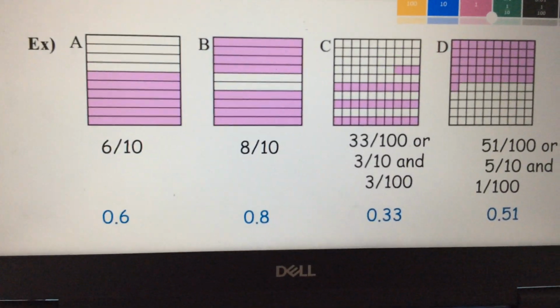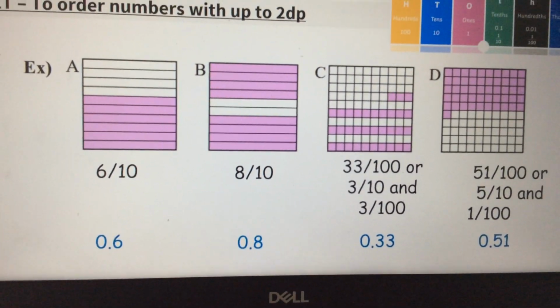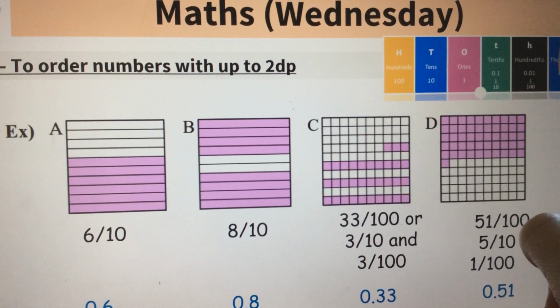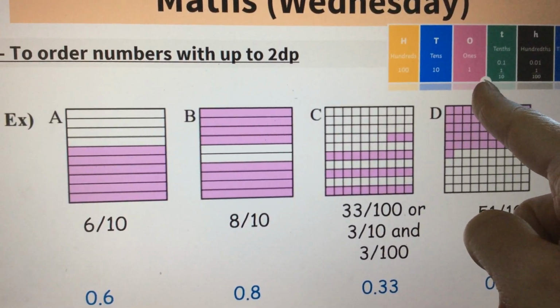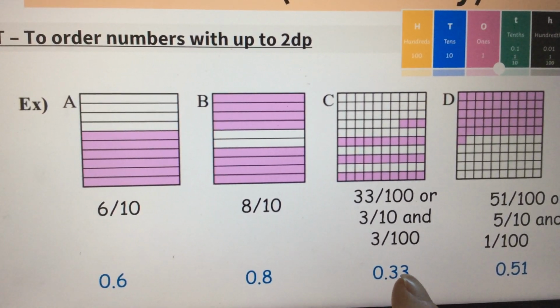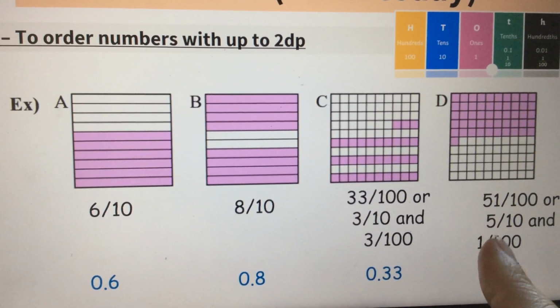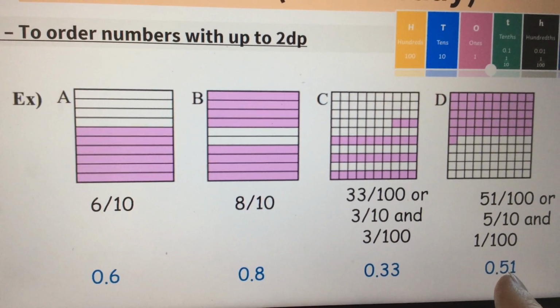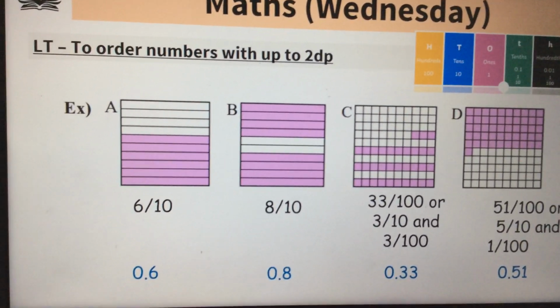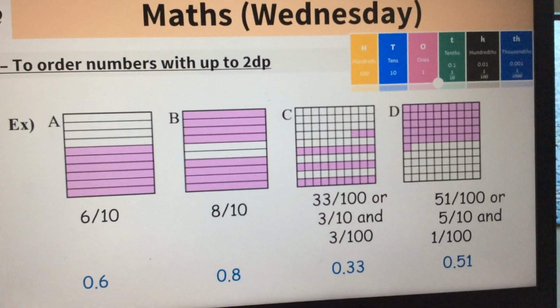So 6 tenths, I've got 0.6, 8 tenths, 0.8. Remember that the tenths are on the right of the decimal point. Then I've got my 3 tenths and 3 hundredths, and here I've got my 5 tenths and 1 hundredth. You should be feeling quite confident with that. Lots of you have done really well with that earlier on this week, okay?